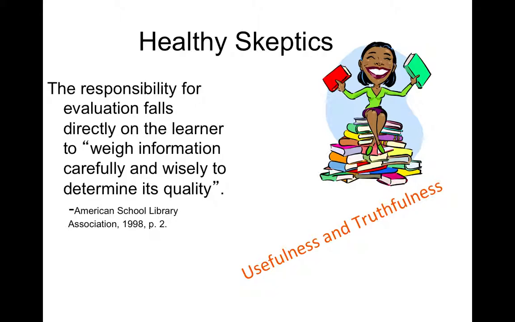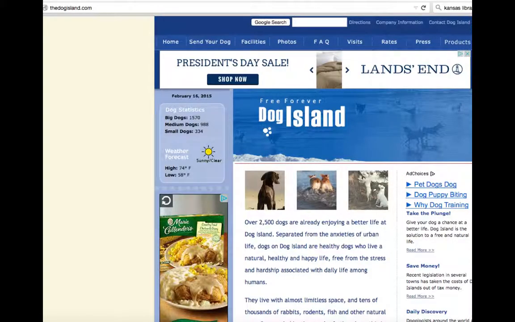It's our job to teach our students how to make those decisions themselves. And one way to do that is to share with them something called a bogus, a hoax, or a spoof website.